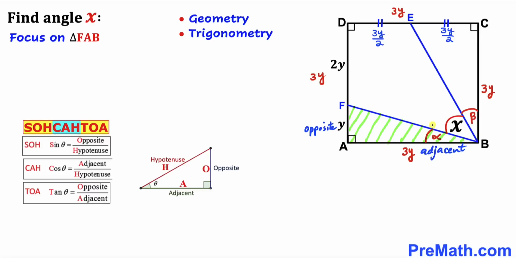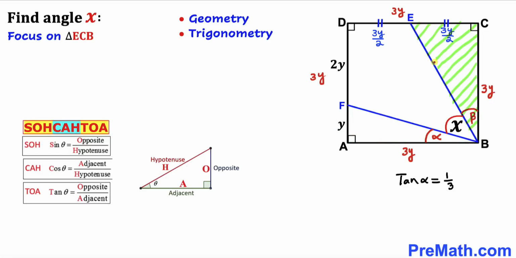So tangent of alpha equals opposite, y, divided by adjacent, 3 times y. Here y and y cancel out. So tangent of alpha turns out to be 1 divided by 3.